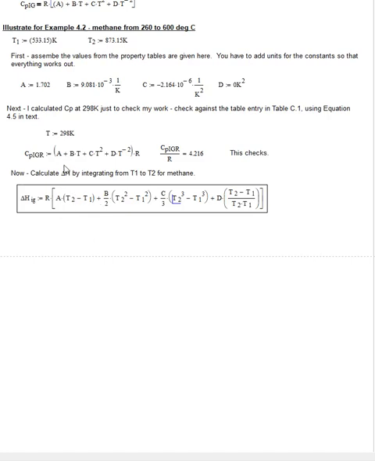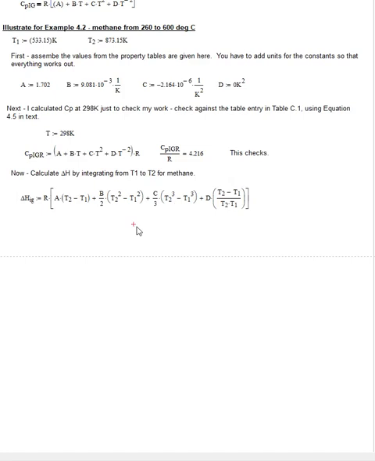This equation is delta H equal to the integral of Cp dT, where they have integrated this, and they've done some simplification, you can see, to deal with the exponents. And we do the integration, and we can get this in line here, and we get the right answer. So that checks with the solution in the book.